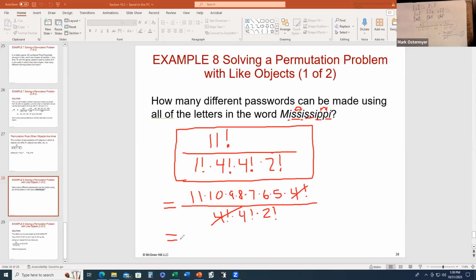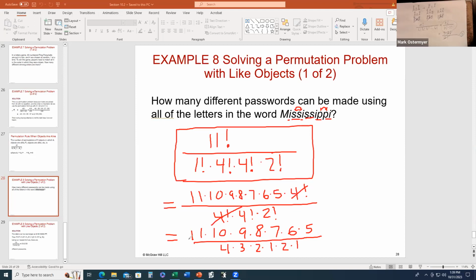And then we're going to have 11 times 10 times 9 times 8 times 7 times 6 times 5. And this is going to sit over, we still have a 4 factorial here, don't we? That's 4 times 3 times 2 times 1. 2 factorial is 2 times 1, so we have another times 2 times 1.